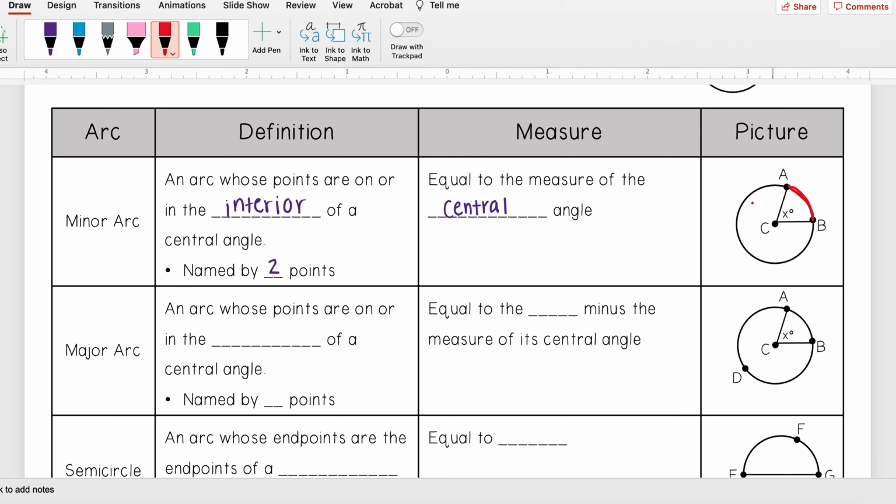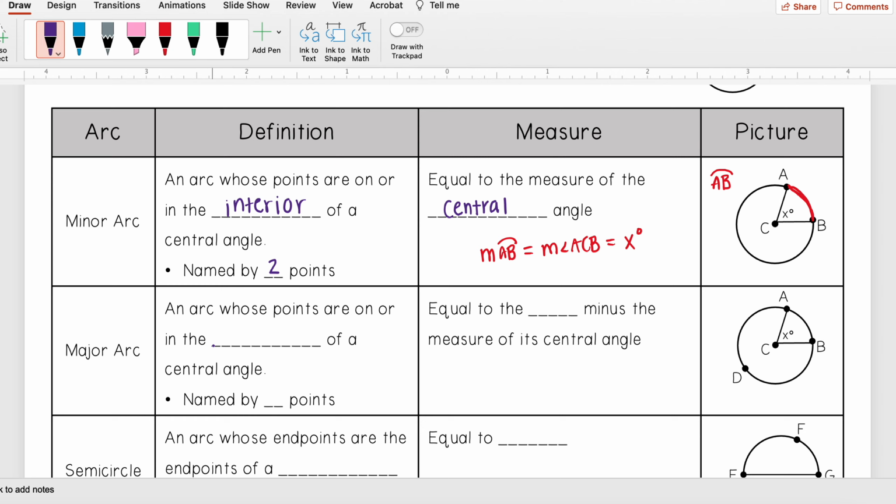And so I can name this by 2 points, AB, and then I do an arc above it. And so here I would see that the measure of AB is equal to the measure of my central angle, which is ACB, which is equal to x degrees.